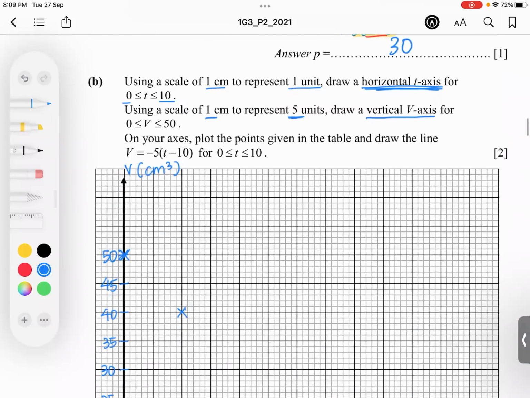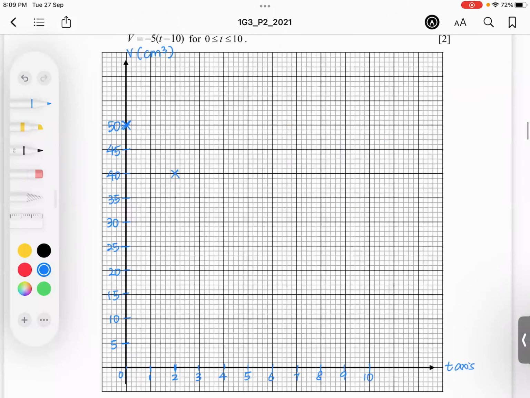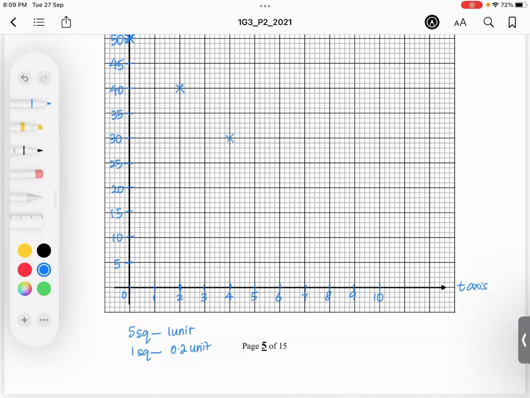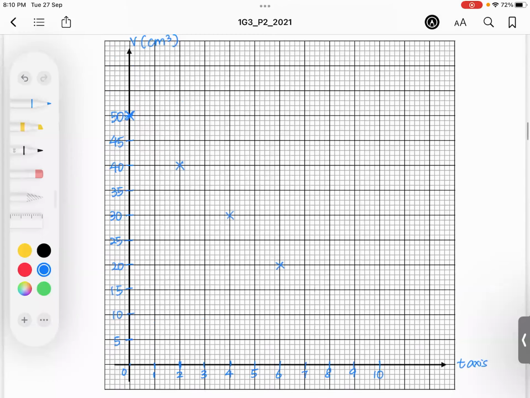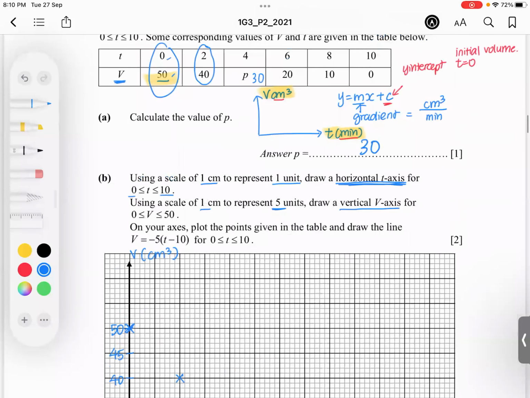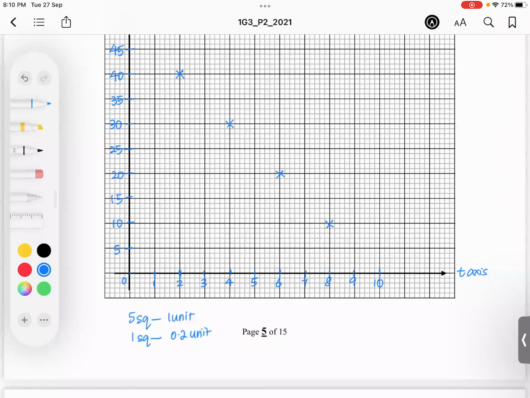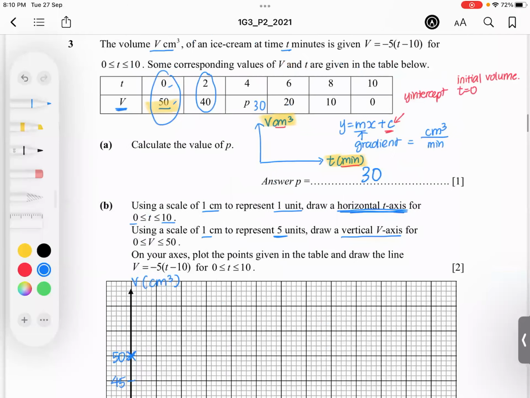Then the next one, 4, 30, 6, 20. Can you all do me a favor? Can you just read me the number? 6 is 20. The next point is what point? 8 is 10. 8, 10, then last one, 10, 0. Yes, thank you very much.